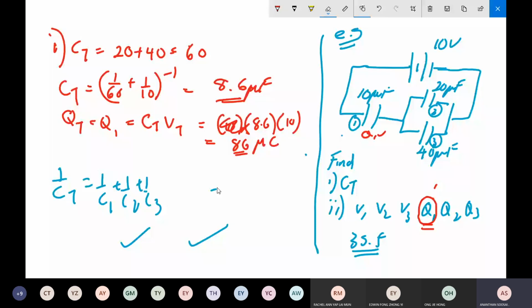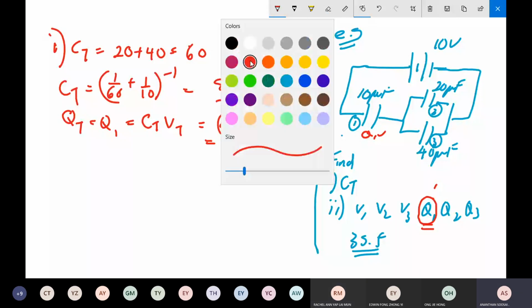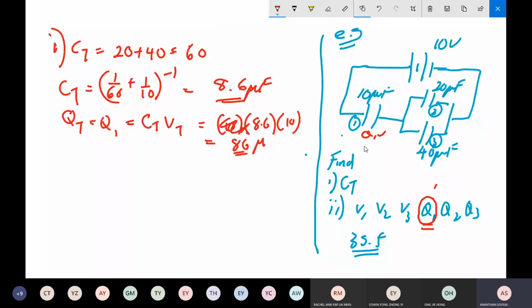If you know two pieces of information, you can find the third one. So you know Q1. Do you know C1? You know C1. So therefore you can find the V1 first.